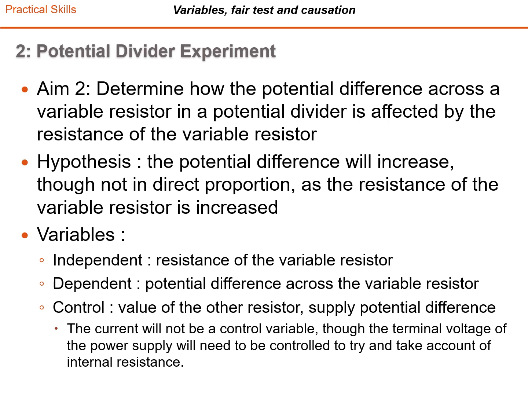As one of the resistors increases in resistance, so does the overall resistance, and therefore the current will not be constant through the potential divider. If there was a constant current through the potential divider, then potential difference and resistance would be proportional to each other.